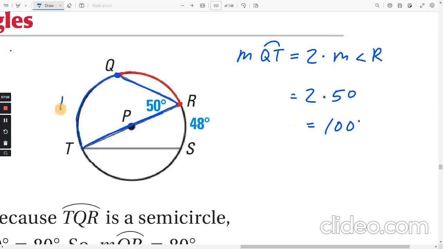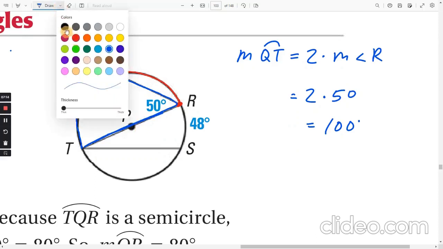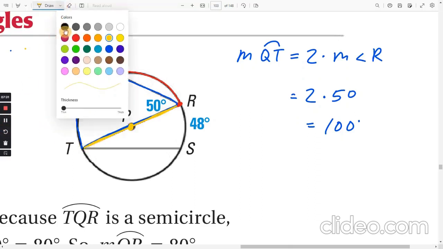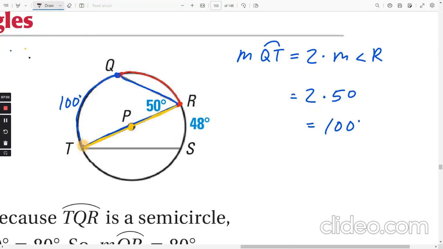Now, we'll fill in the 100. But that's not what they asked for. They asked us for QR. We said before that this circle is named P, so we know that P is the center of the circle. That means this line right here is a diameter, and it cuts the circle in half. So the arc that runs all the way from point T past Q and to point R is 180 degrees, just half of 360.